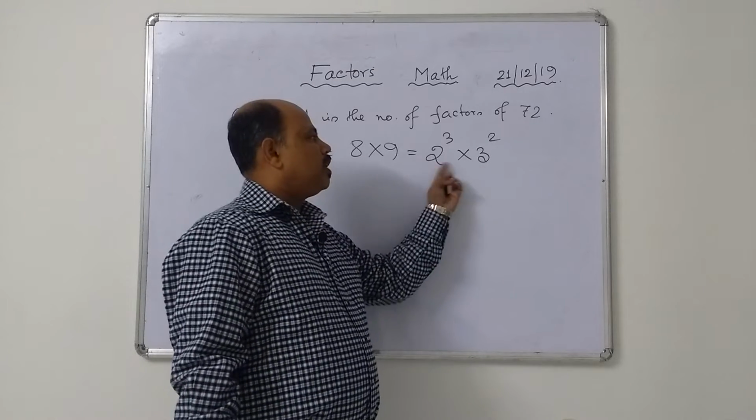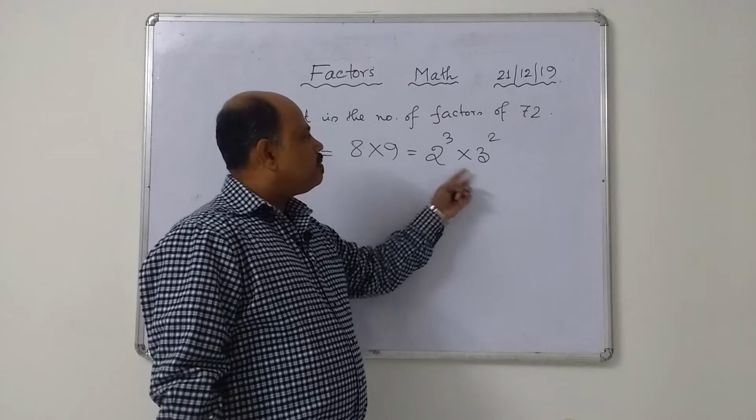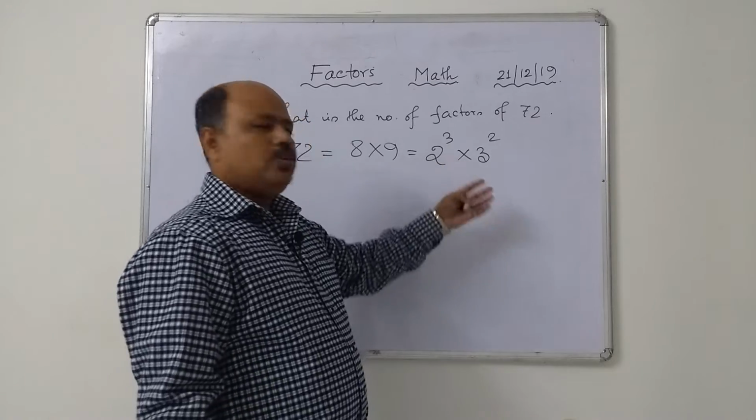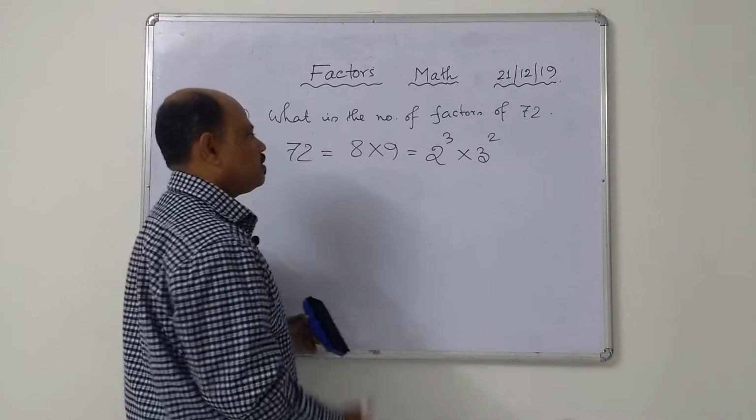All base numbers should be prime. So 2 and 3, you know, are prime numbers.